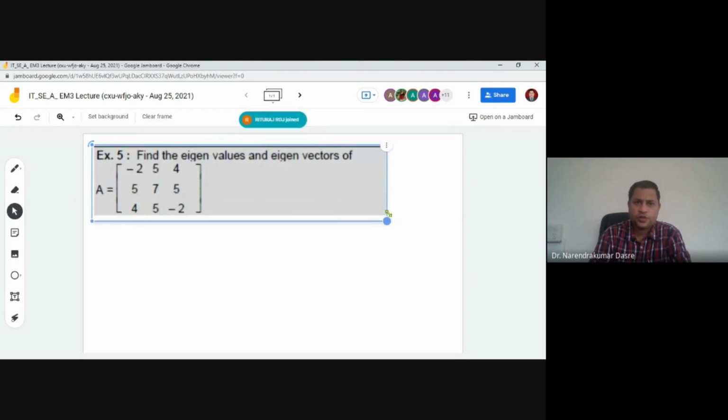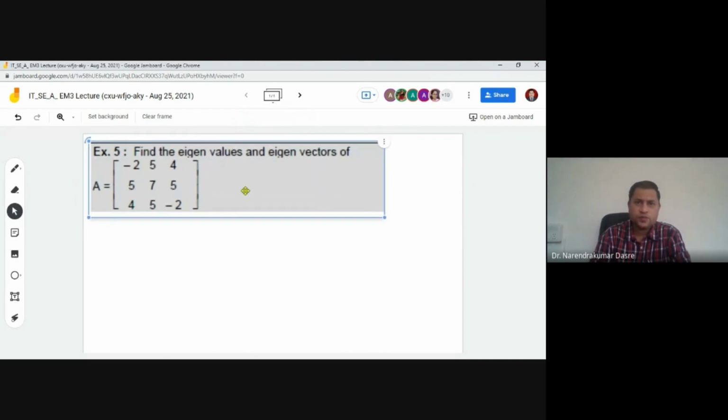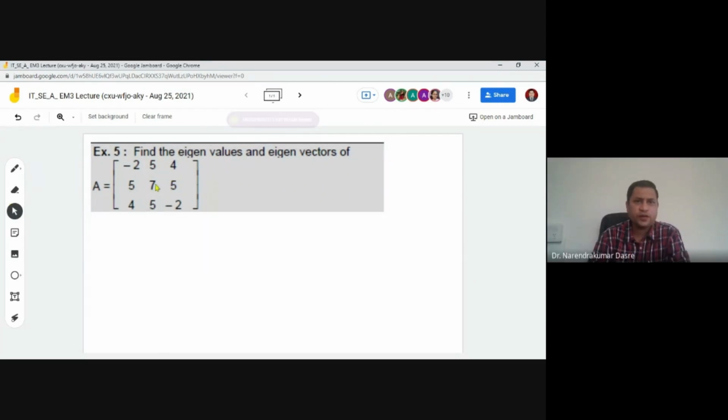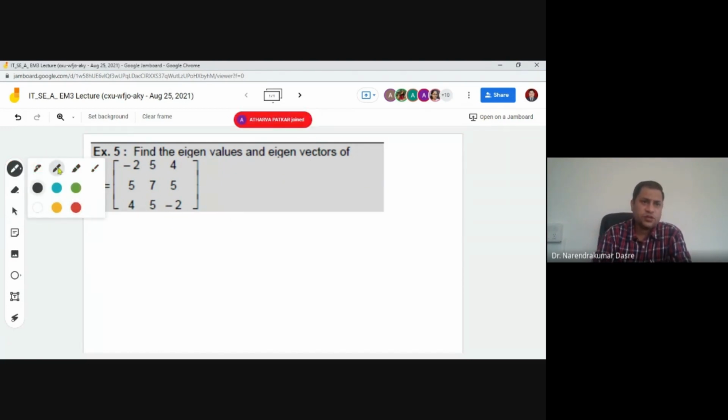All of you are able to see this? Okay, so we have to find the eigenvalues and eigenvectors of this matrix. So let's go for the solution.